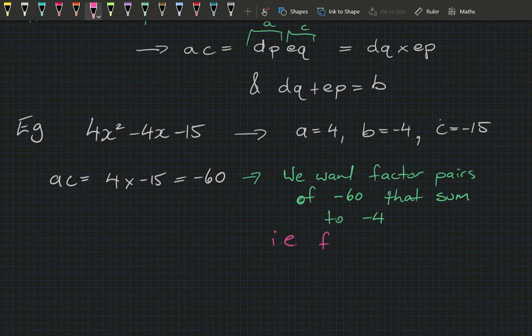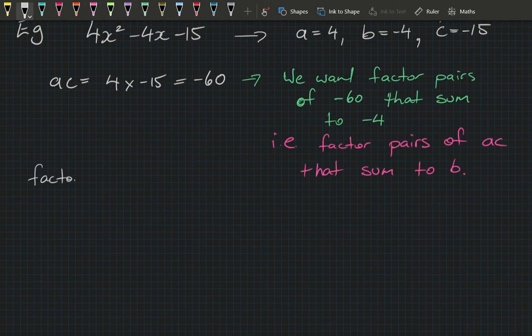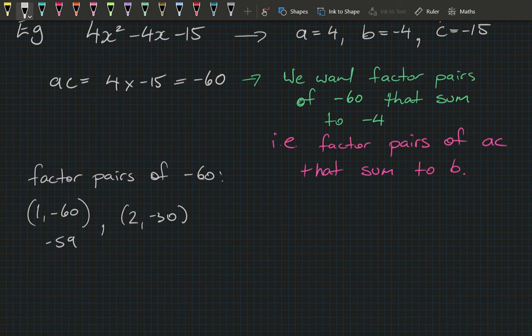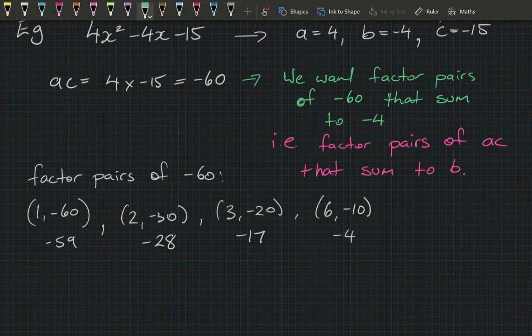In other words, factor pairs of ac that sum to b. So factor pairs of minus 60 are 1 and minus 60, which sums to minus 59, 2 and minus 30, which sums to minus 28, 3 and minus 20, which sums to minus 17, and 6 and minus 10, which sums to minus 4, which is exactly what we want.